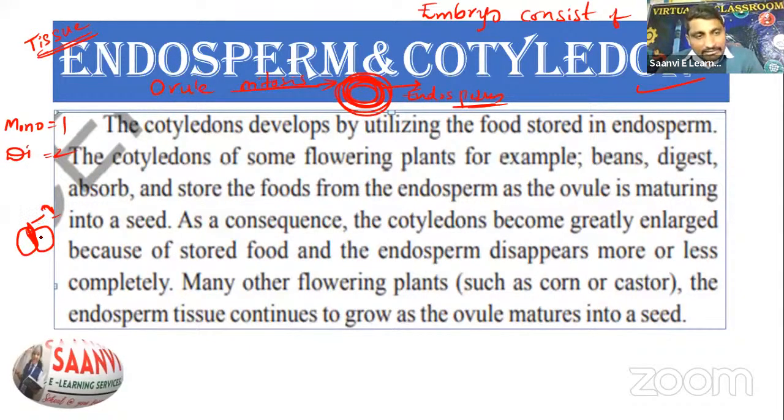This is a leaf which is from the seed. The seed leaf is the cotyledon. If it is one, then monocotyledon. If there are two, dicotyledon. Dicotyledon, monocotyledon, cotyledon.